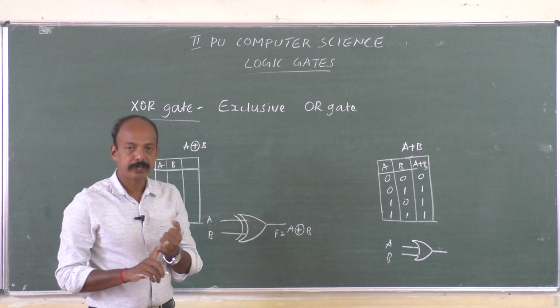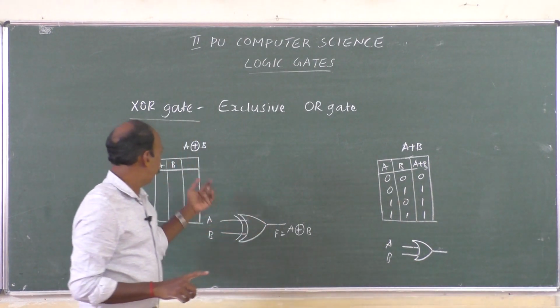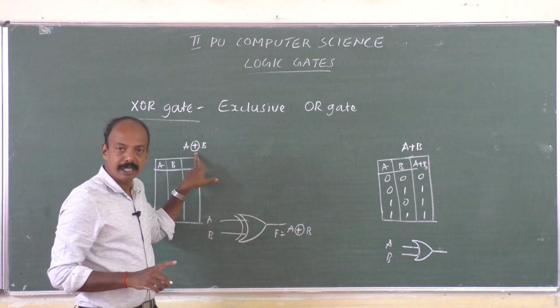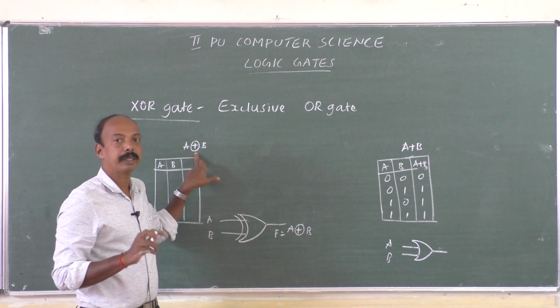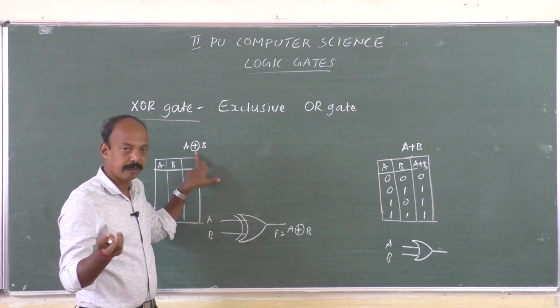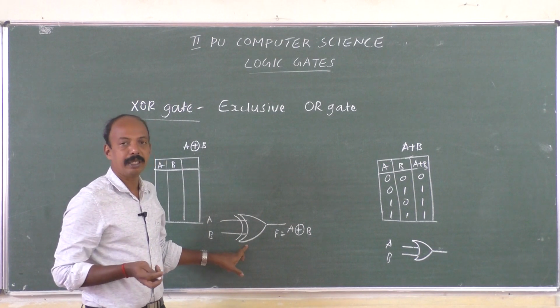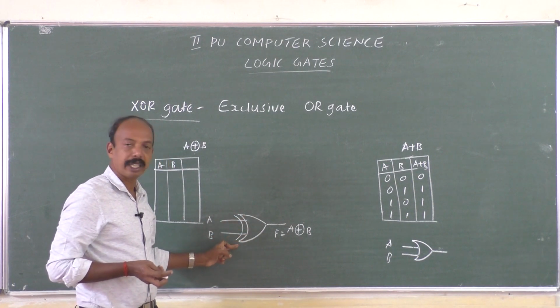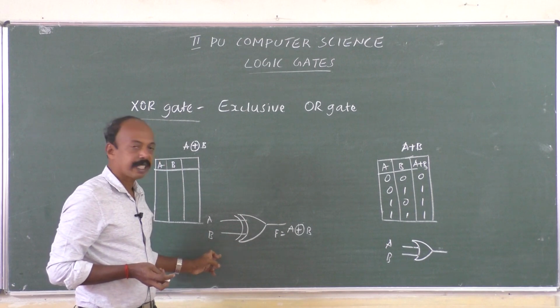So there are two differences. When we represent XOR, we have to write that plus inside the circle, otherwise it will be OR or inclusive OR. When we write the logic symbol, a parallel line to this particular curved line will be the XOR gate.